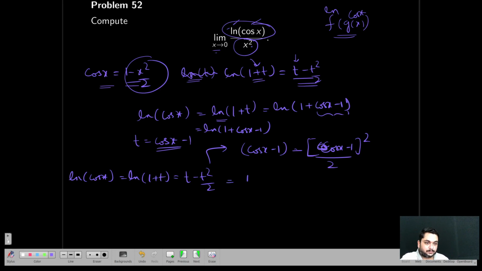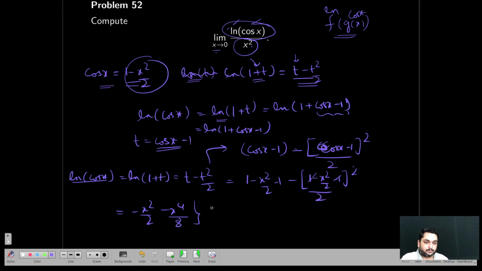That is 1 minus x square by 2 minus 1 minus of, again cos x is 1 minus x square by 2 minus 1 whole square divided by 2. This will be equal to minus x square by 2 minus of, this gets cancelled, minus x to the power 4 divided by 8. Now this is ln cos x.